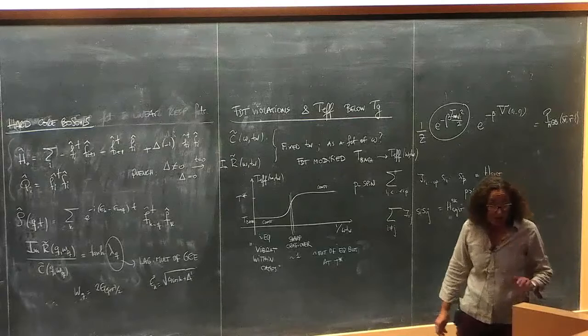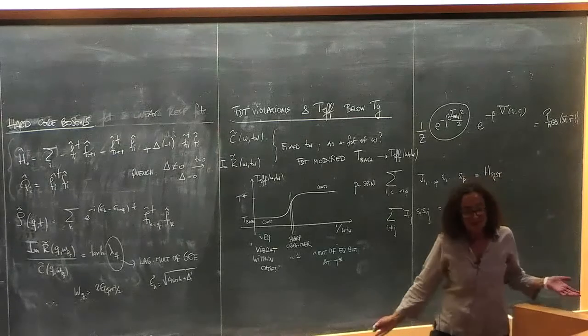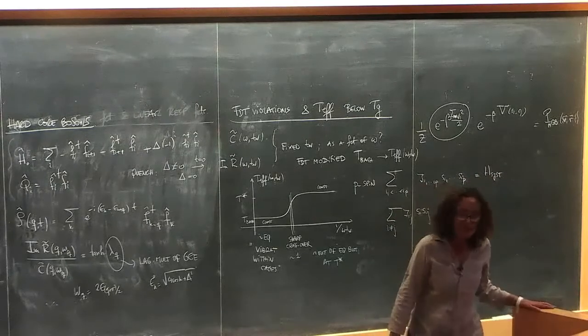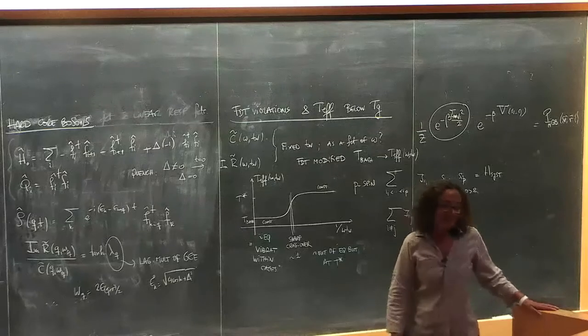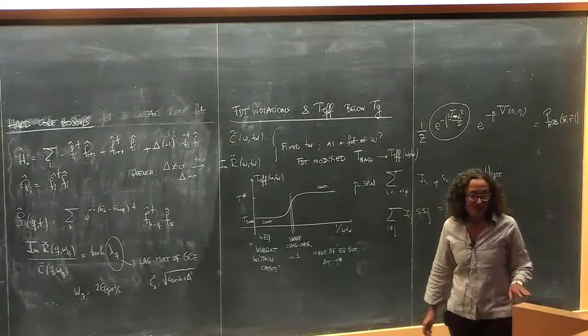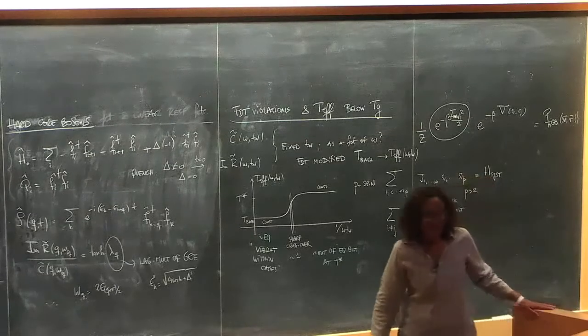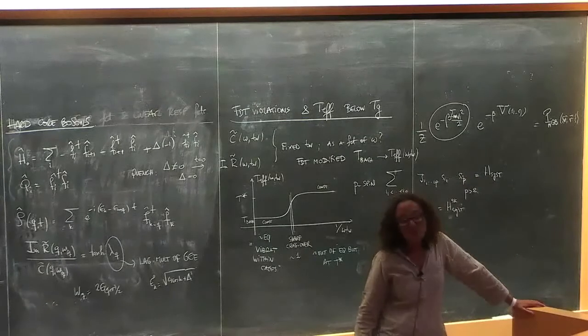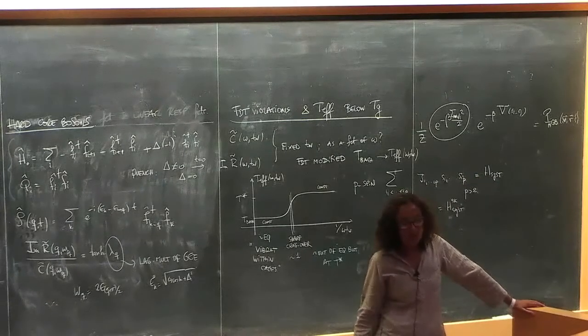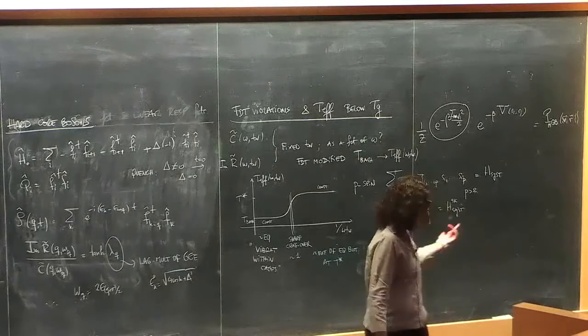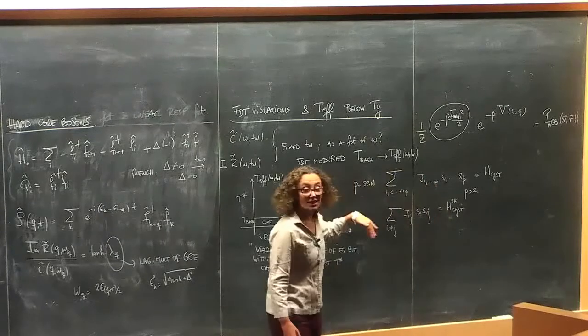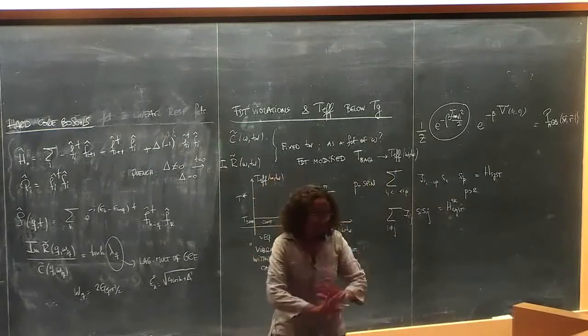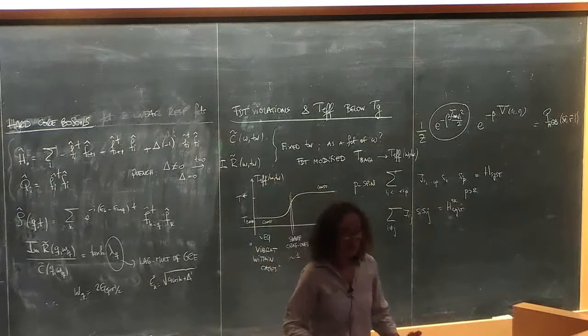Next, if you want to do short range, then you cannot do analytics, and you have to look at numerics. And with the numerics, it depends on who is looking at them which result he or she will tell you. It's not so clear-cut whether there is only one effective temperature or several. There is a violation of FDT, that's for sure.